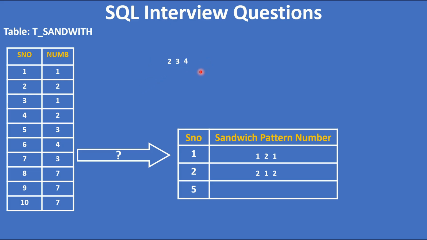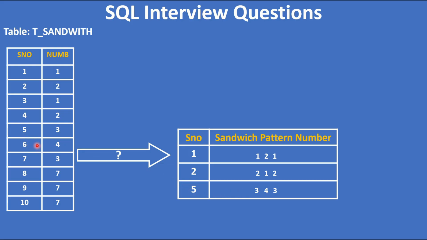This is also not a sandwich pattern number, so we'll ignore this. Next, the combination for serial number 5, 3 4 3. This is a sandwich pattern number because 3 is on both ends and 4 is in the middle. So 343 is the sandwich number.